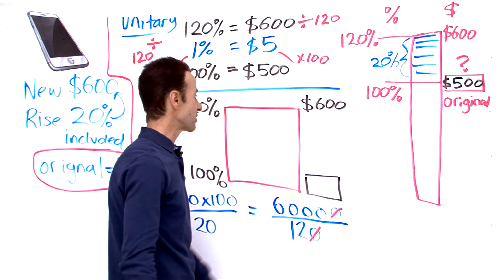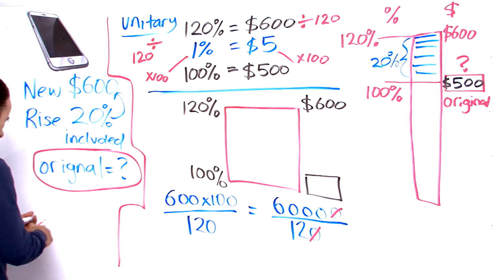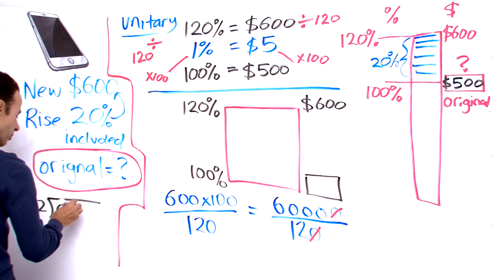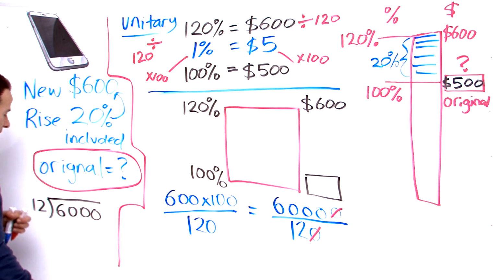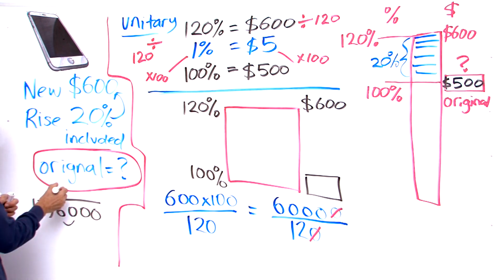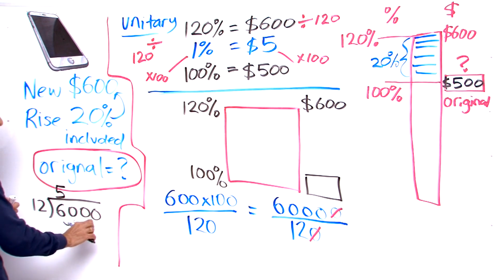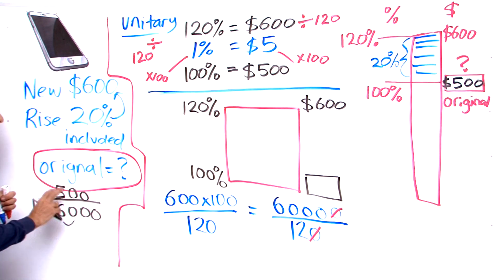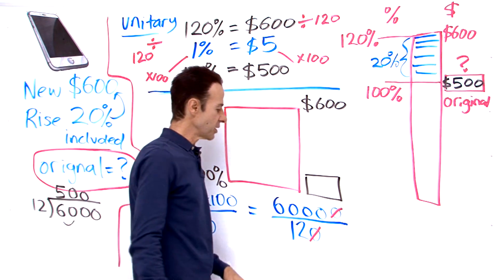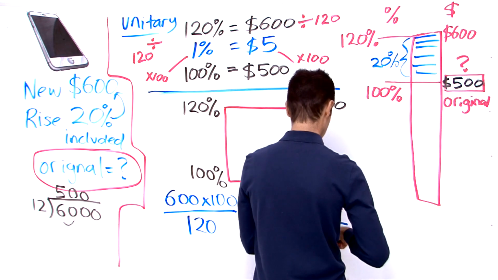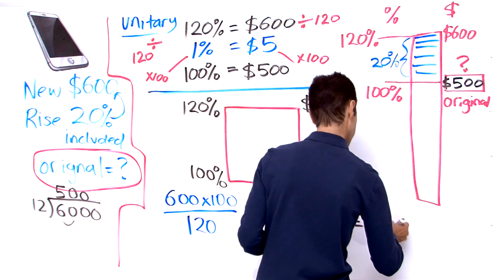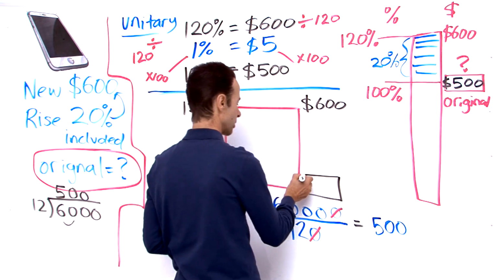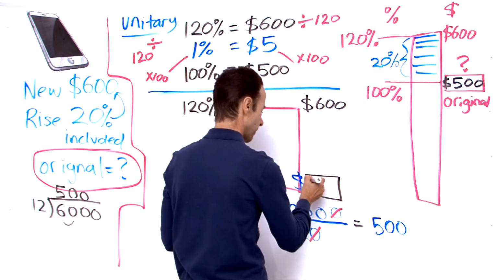So we're left with 6,000 divided by 12. 12 into 60 goes in 5 times, and we've got 2 zeros, so it's 500. 12 goes into 6,000 500 times. 500 what? It's going to be dollars, $500. So you put the dollars here and fill it in right there, $500.